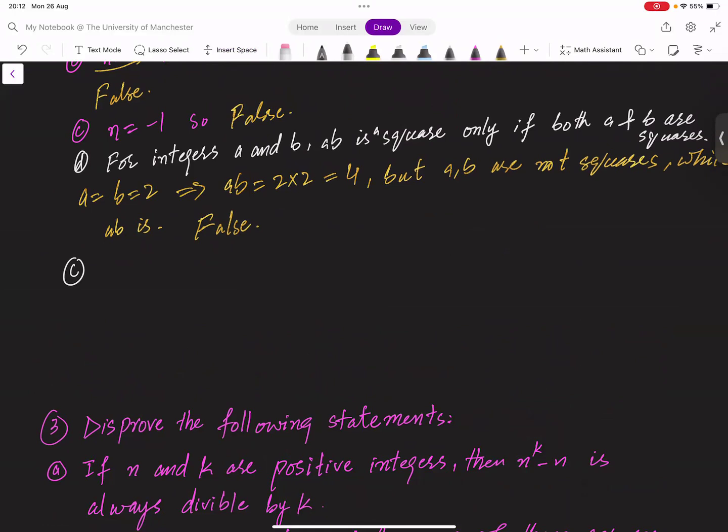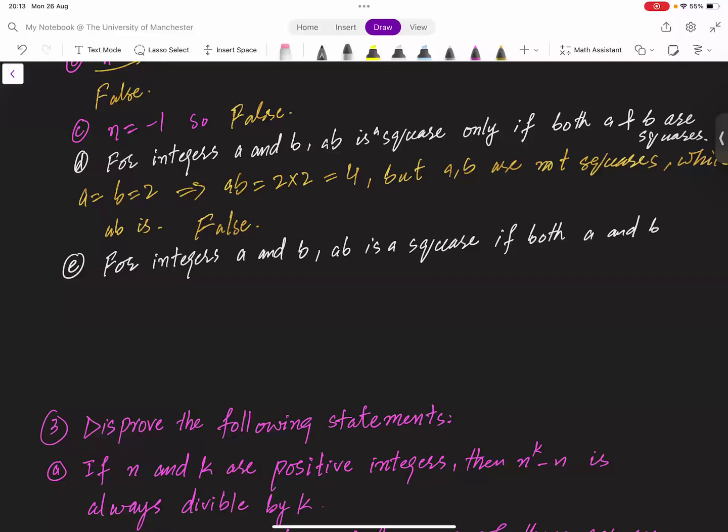So let's see the part E. For integers A and B, AB is a square if both A and B are squares.